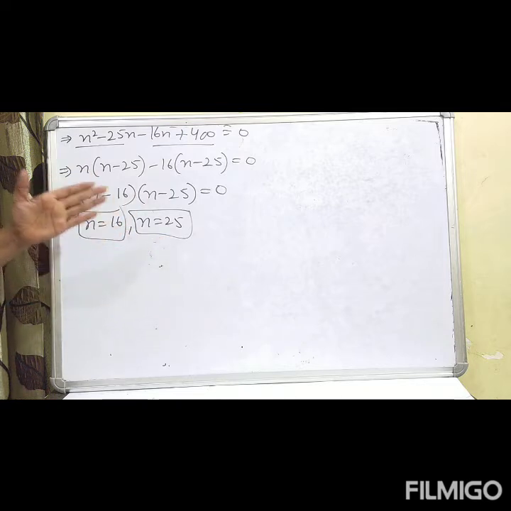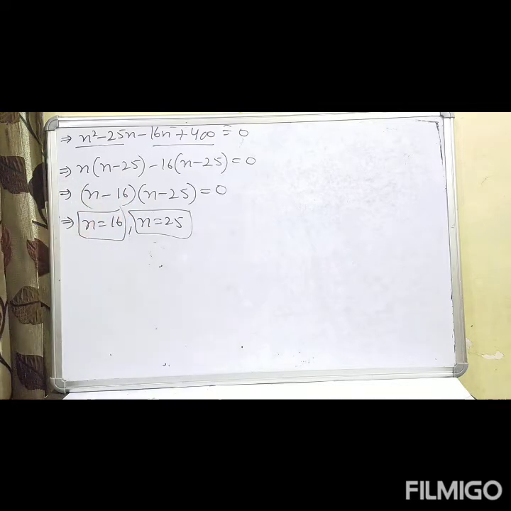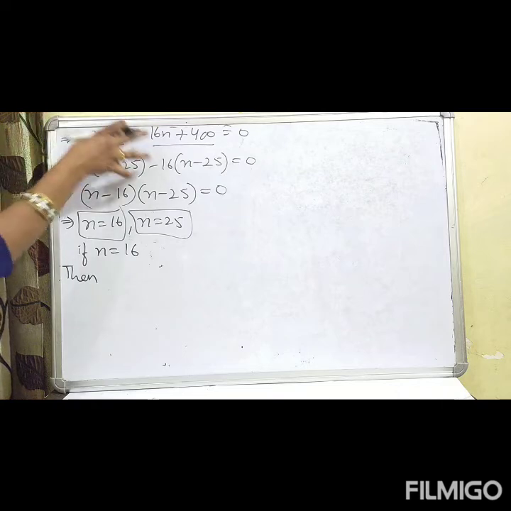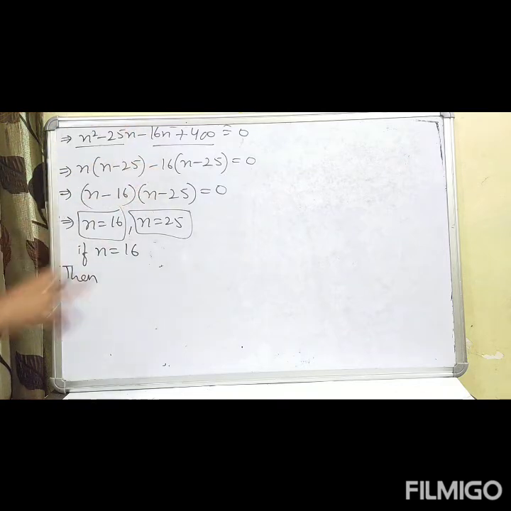Let us see. We have to solve it further. We'll make the two cases and then see, maybe one of the cases will be rejected. So if n is 16, then we will find, if total 16 rows are there, the number of logs in the 16th row.